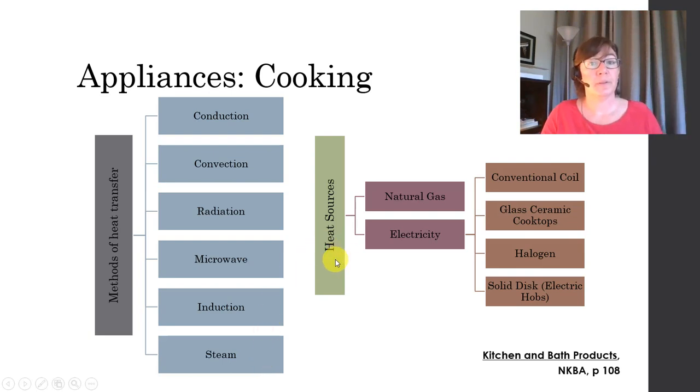Heat sources, they can run off of natural gas or electricity. If you've got an electric appliance, that can use a coil. It could have a glass or ceramic cooktop. It can use halogen, or there are even solid discs out there. You might have heard these called electric hobs.